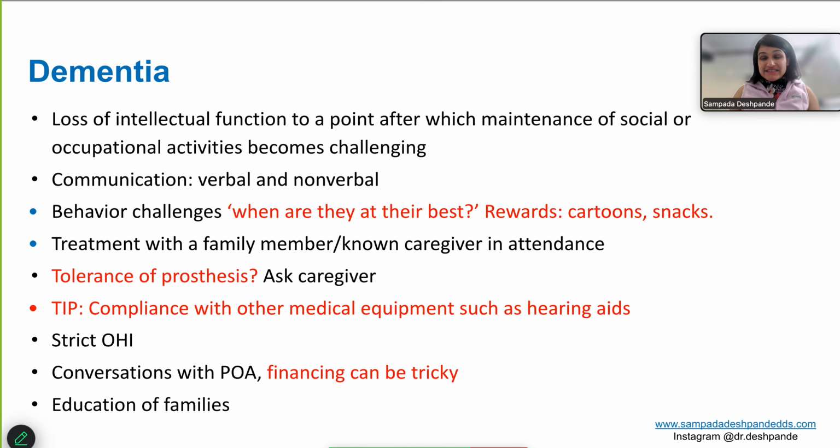Tolerance of a prosthesis, this is very tricky. If someone is showing cognitive decline, the chances of them adjusting to a new partial or a new denture is really, really tricky for us to establish. You need to have lots and lots of conversations with the POA, with the family, with the patient themselves to see how well they could do with a new appliance in their mouth.